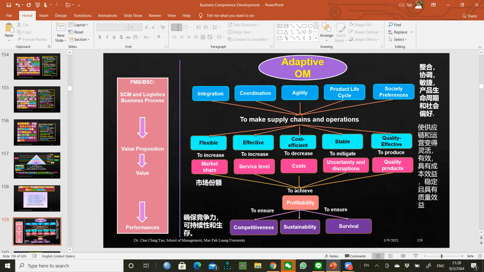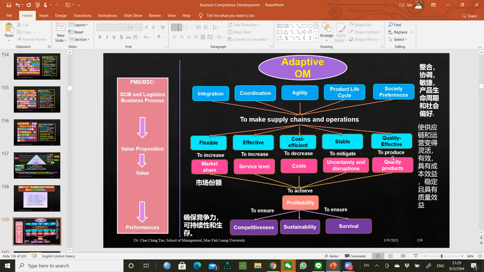If you are able to do that, this is only one node in the business ecosystem, right? So the ability to make that one node perfect through the integration, coordination, agility, product life cycles, and society preferences of your operations management will be able to make your supply chains and operations flexible, effective, cost efficient, stable, quality effective. Right?